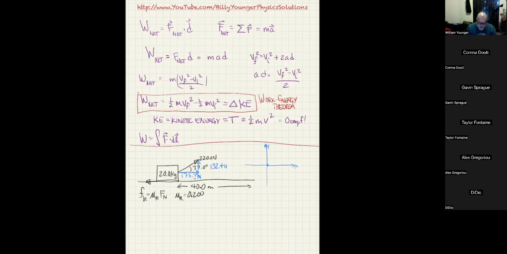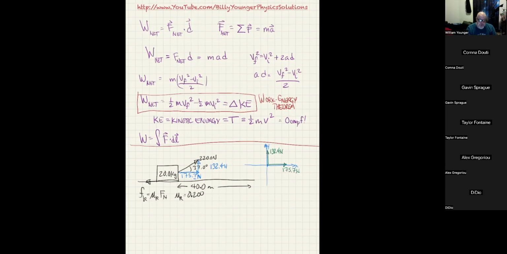So I have a 175.7 newton force going to the right, a 132.4 newton force going upward.